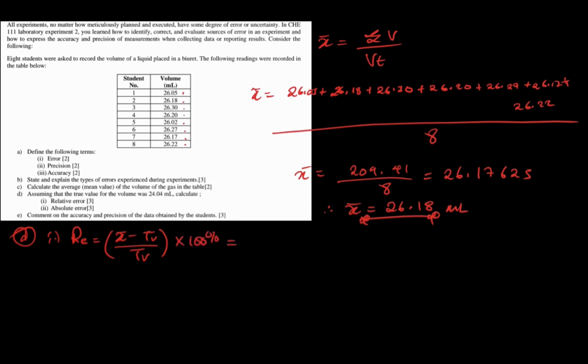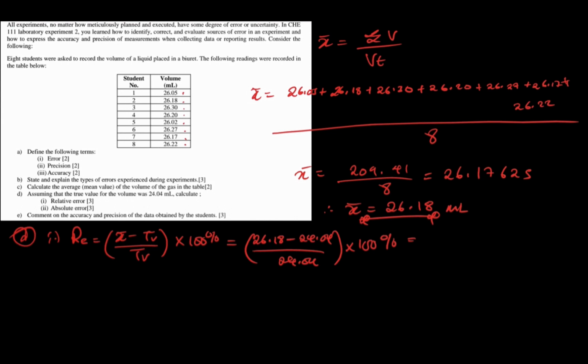So this simply means that you have the mean, which is 26.18, minus the true value, which is 24.04, divided by the true value again, 24.04, and then multiplied by 100%. If you do your basic computation, 26.18 minus 24.04 gives 2.14.